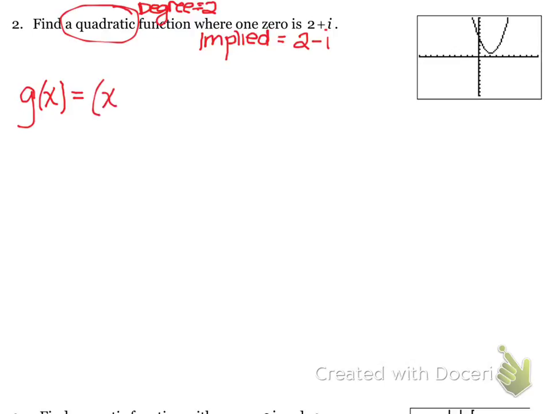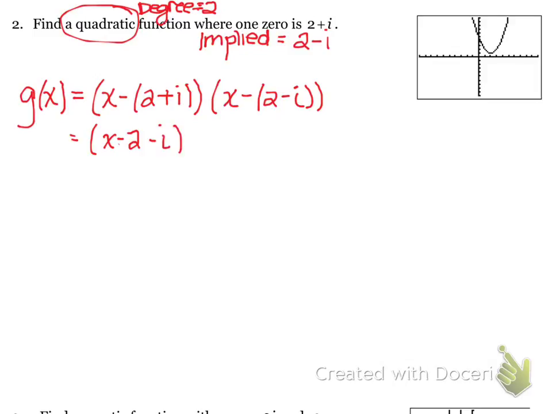We have the factors x minus (2 plus i) and x minus (2 minus i). So I'm going to simplify each factor first, and then we're going to start multiplying. So on the left, we have x minus 2 minus i times x minus 2 plus i.